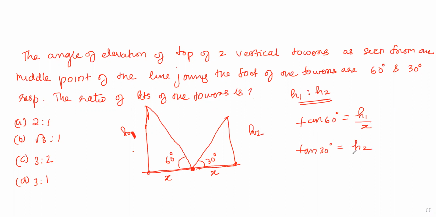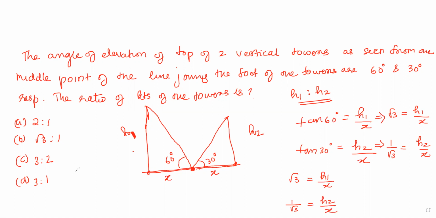That is H2 by X. So tan 60 degree we know is root 3, equal to H1 by X. And tan 30 degree is 1 by root 3, equal to H2 by X. So we have root 3 is equal to H1 by X, and 1 by root 3 is equal to H2 by X.